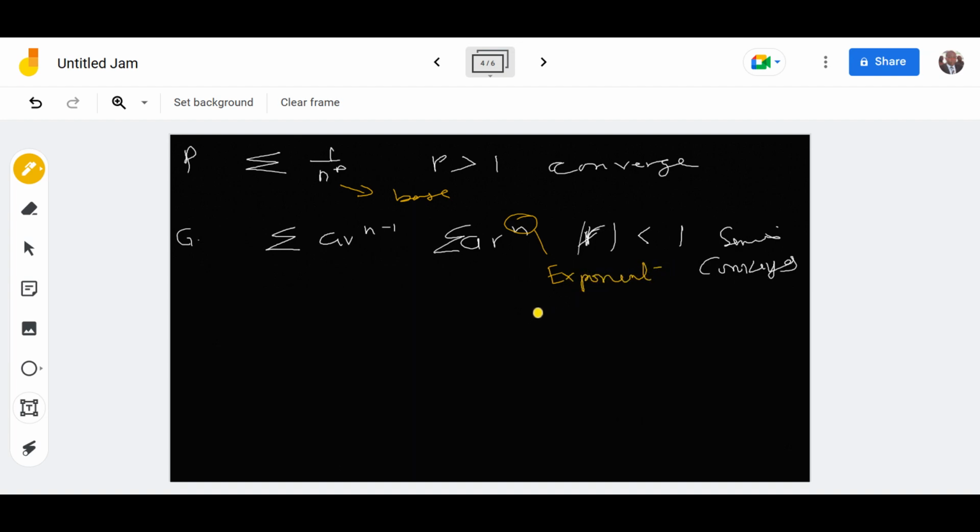So when the series is given and you want to modify it to look like either a G or a P series, you should look at the position of the n. If the n is the base, then you compare it to a P series. But if the n is an exponent, then it should be compared to a geometric progression or a G series.